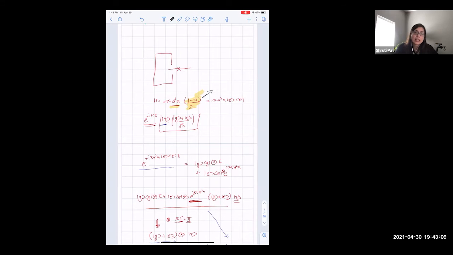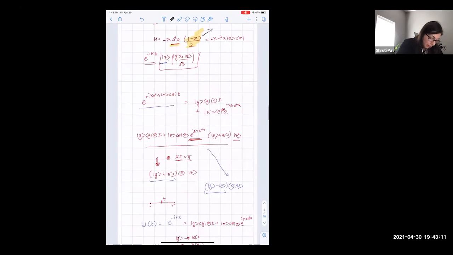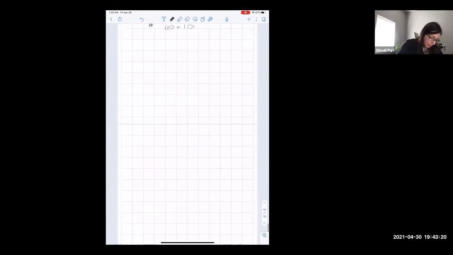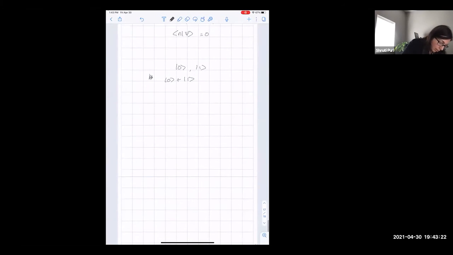For error recovery in the binomial code, the unitary looks a bit complicated. Basically, what I want to do is get a unitary which couples my state 3 to state 0 plus 4 over square root of 2, something like this, plus Hermitian conjugate, plus 1 going to 2, something like that.